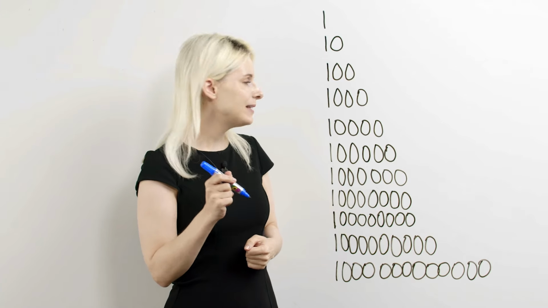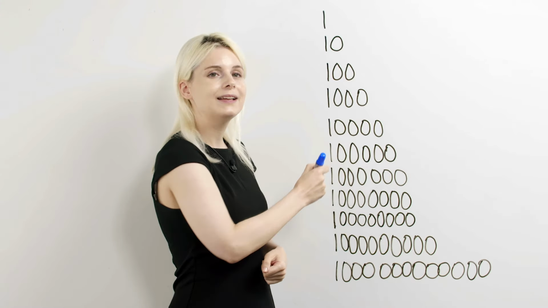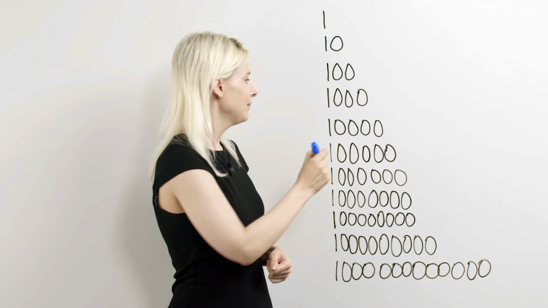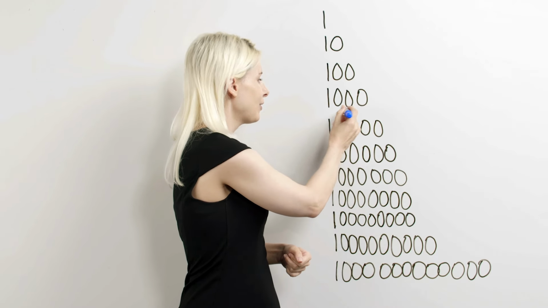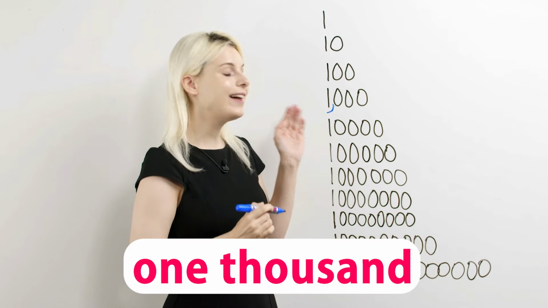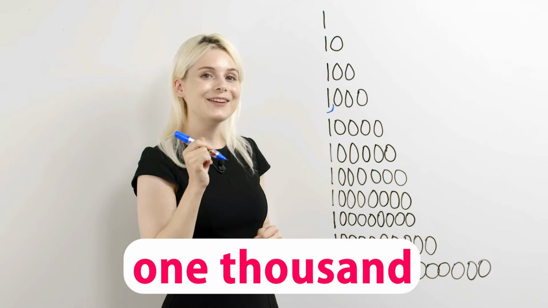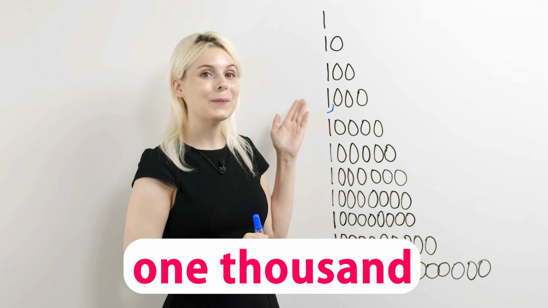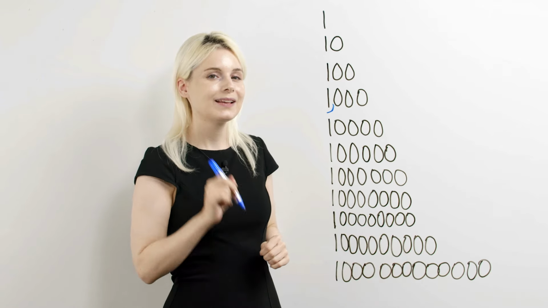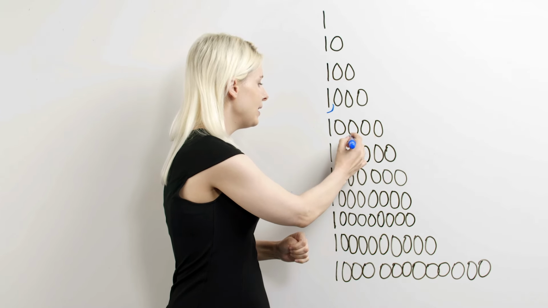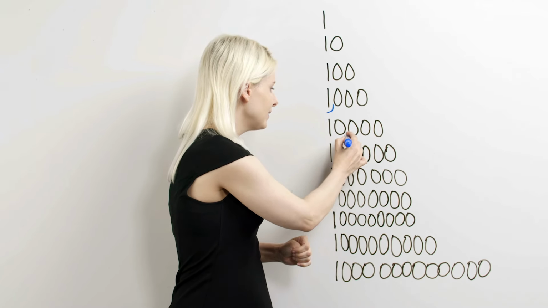You can add commas starting from the right and adding 1 comma for every 3 zeros. 1, 2, 3, comma, 1,000. I know that when I see 1 comma, it means 1,000. Let's try another one. 1, 2, 3, comma.